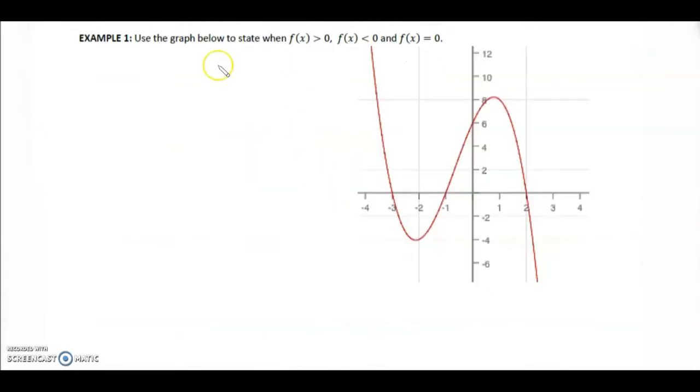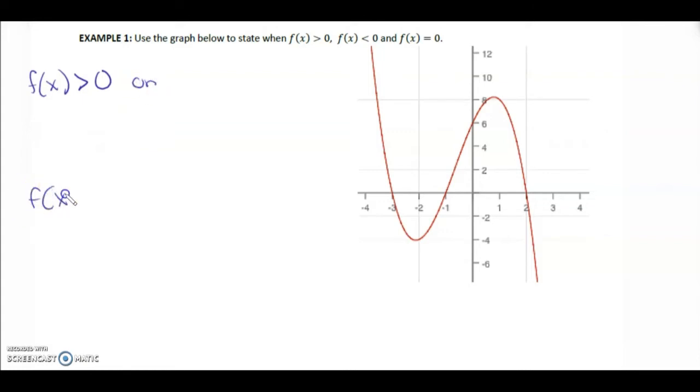Okay, so use the graph below to state when f of x is greater than 0, less than 0, and equal to 0. So we can go ahead and put that on our paper. So when is f of x greater than 0? And we can say on. We don't need a comma.